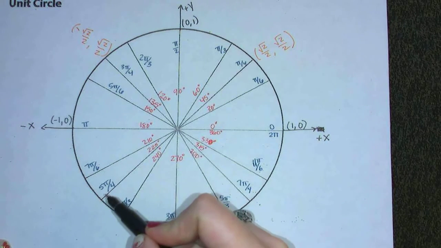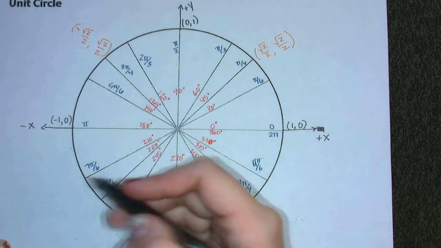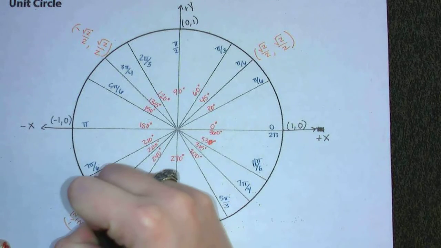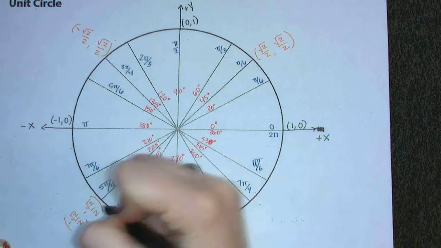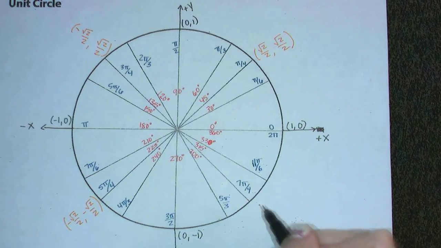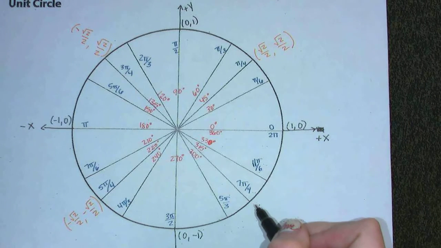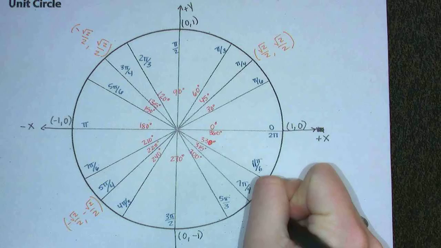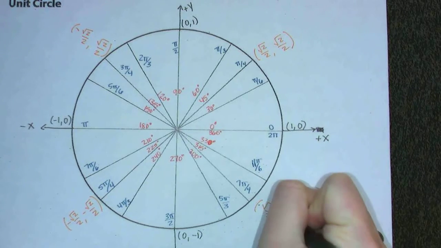What about x and y for this one? Both negative. So minus root 2 over 2, minus root 2 over 2. And then at 7 pi over 4, x is positive, y is negative, so it is root 2 over 2, negative root 2 over 2.